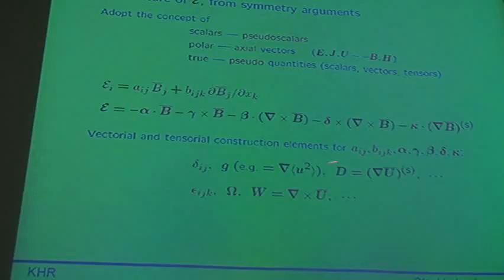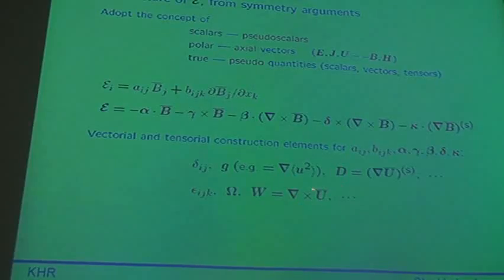And in the following, we will consider, for example, U bar, and you can take the curl of U bar. I call this W. This is a pseudo quantity, the curl of a polar vector.